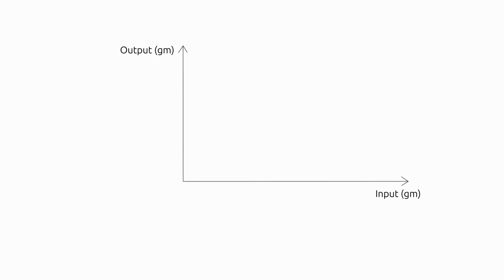Every instrument more or less operates like this graph. For example, say the resolution is 1 gram, then it will output a value of 0 until the weight threshold crosses 1 gram. Output will be 1 gram until the threshold crosses 2 gram. The same goes for 2 gram.